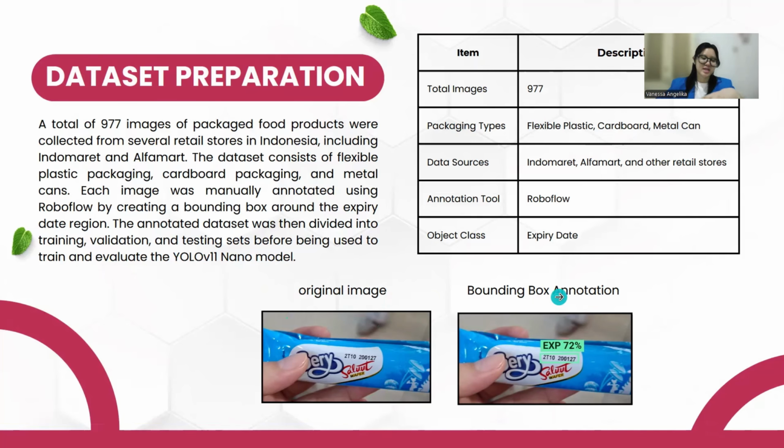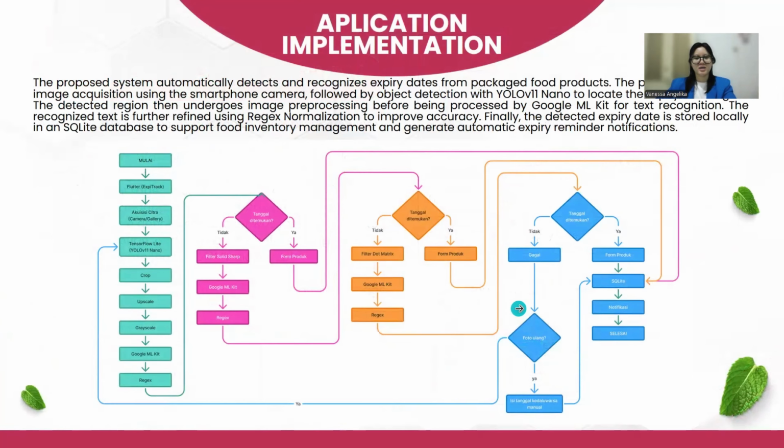After that, the annotated data set was divided into three parts. The first part is training, the second is validation, and the third is the test set. This data was then used to train the YOLO version 11 nano model for the application.